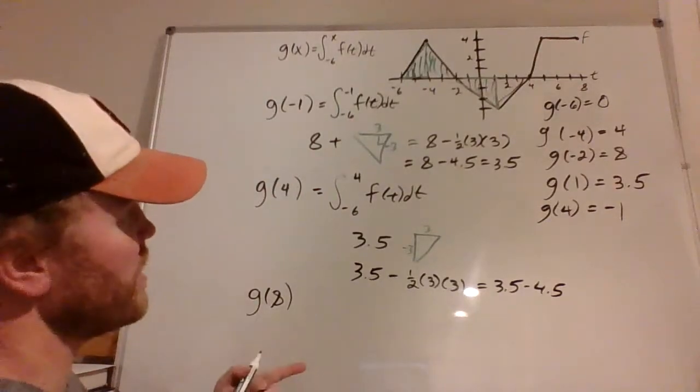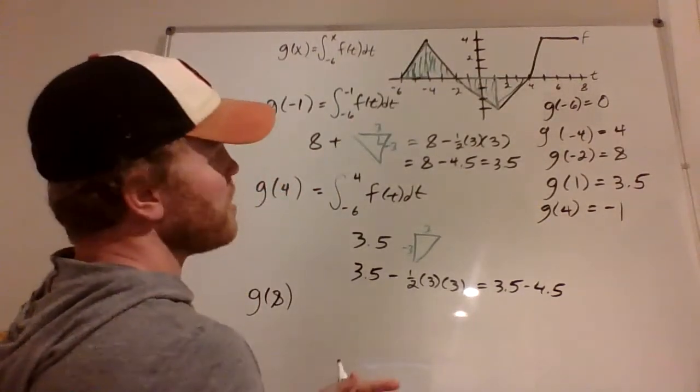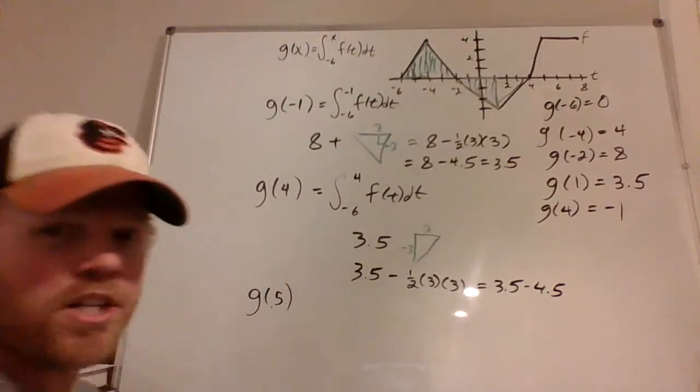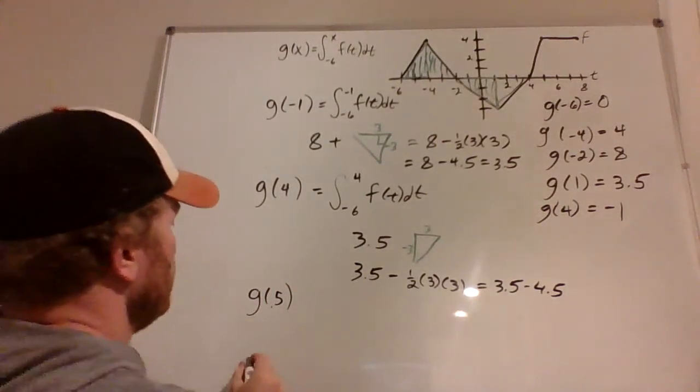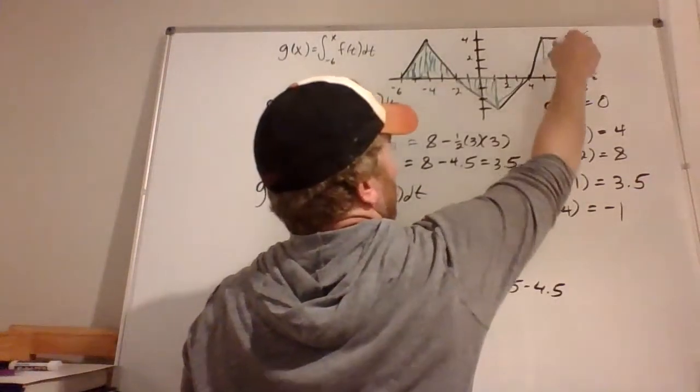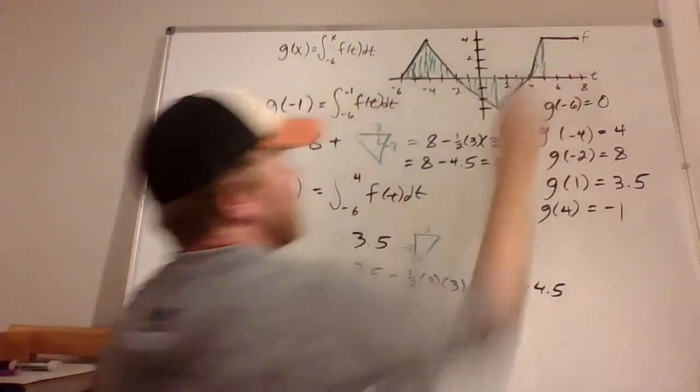And then finally, g of 8, you can just accumulate a bunch of additional area. I'd like to actually sneak in here real fast and find a g of 5, even though it didn't ask you for this. But g of 5, you're going to accumulate one extra triangle here.